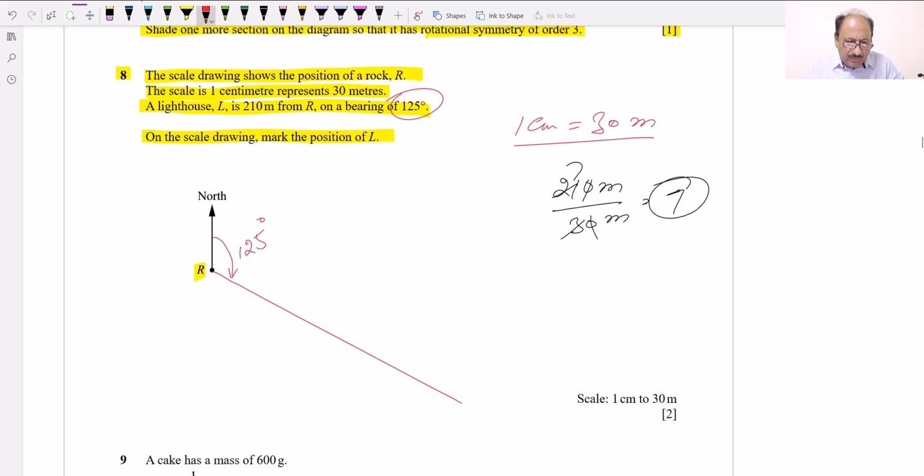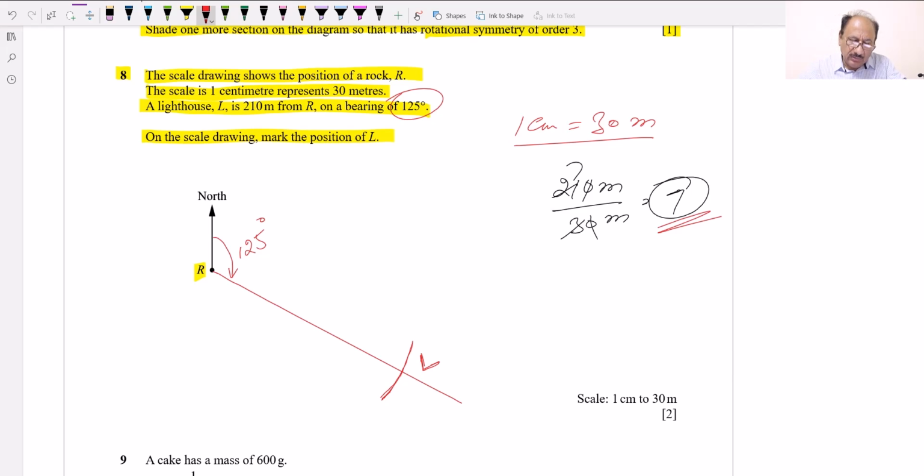Then we take 7 centimeters and make an arc keeping our compass at R. We mark 7 centimeters, and this will be our position. Keep in mind I'm working on screen, so I've taken it roughly; you will have to draw accurately. This will be L, which we have to mark over here.